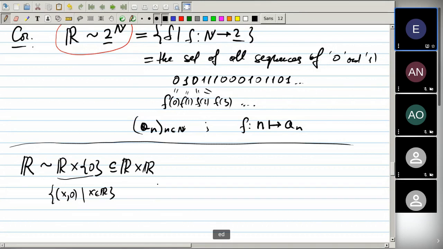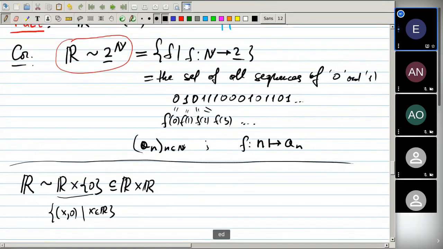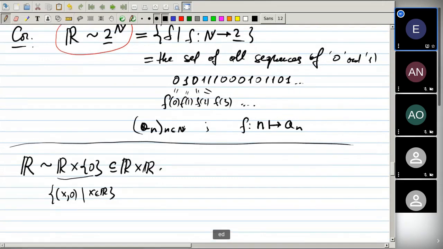It's logical, of course. You know that reals are equivalent to 2 to the power n. Hence, this set is equivalent to this one. But what do we know about the situation a to the power c times b to the power c?